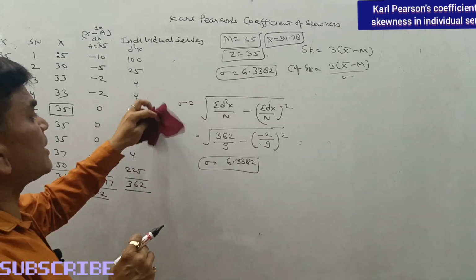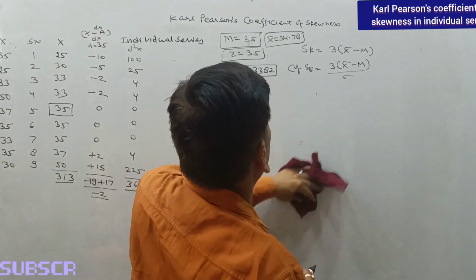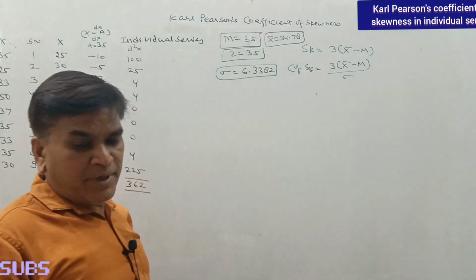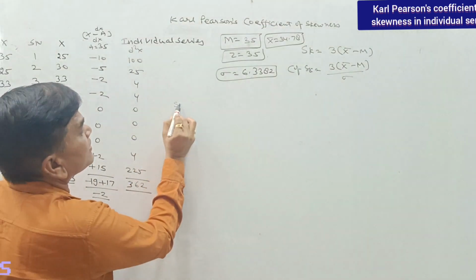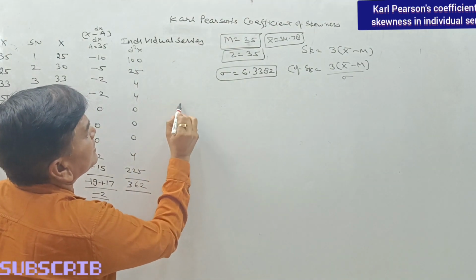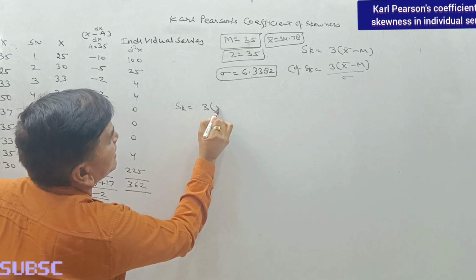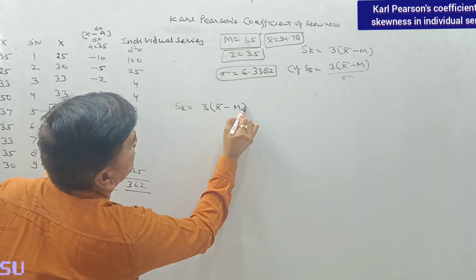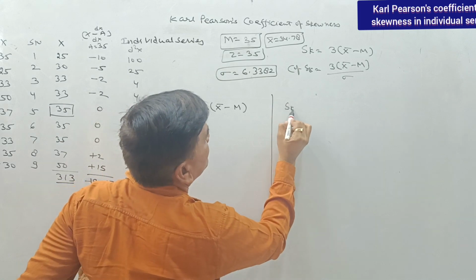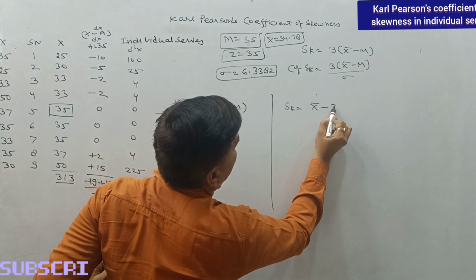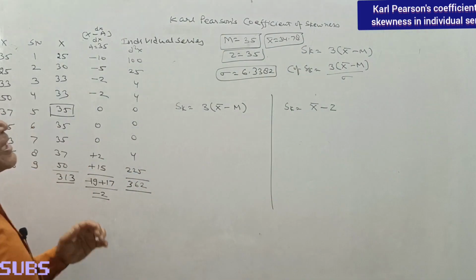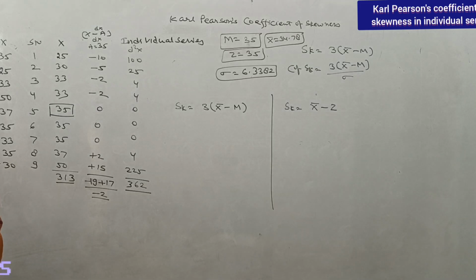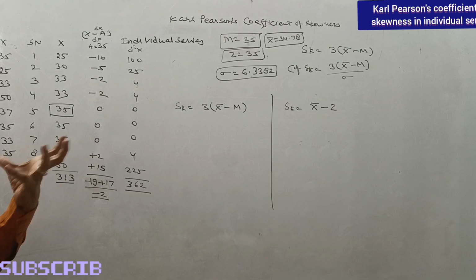Now for getting the Karl Pearson skewness, the first skewness is equal to 3 x bar minus m, or skewness is equal to x bar minus z. Both methods we can use. We have both methods, so there may be some difference.